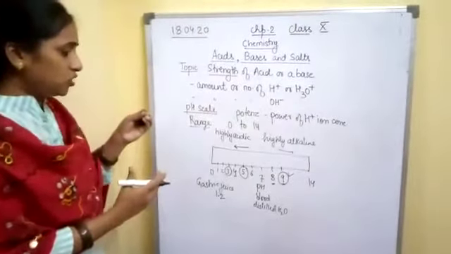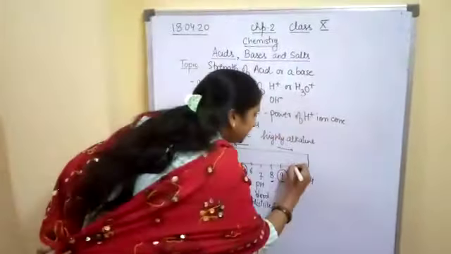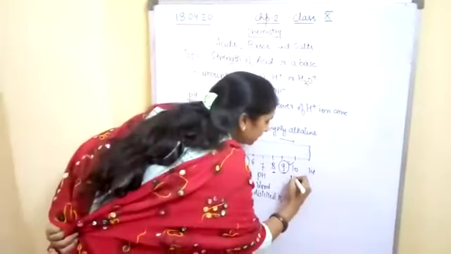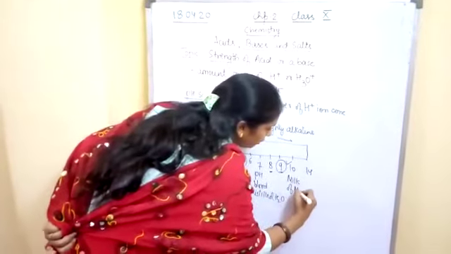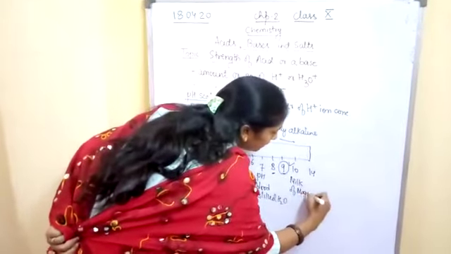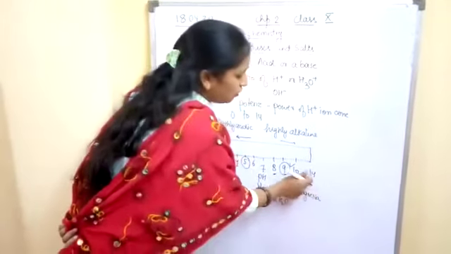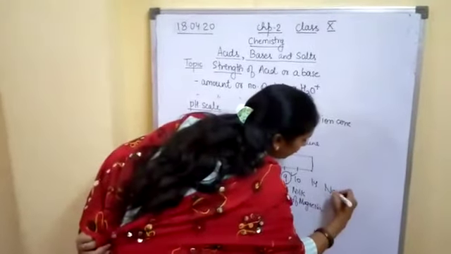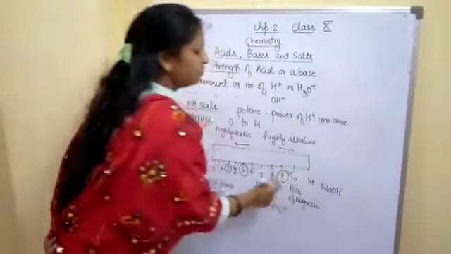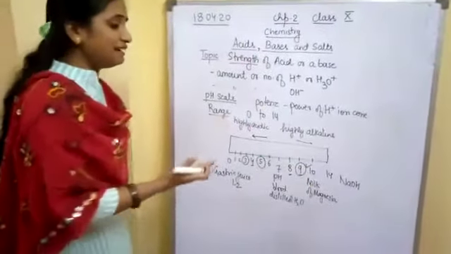If I talk about pH 10, milk of magnesia has pH 10, and for pH 14 we can take the example of sodium hydroxide, which is highly alkaline.